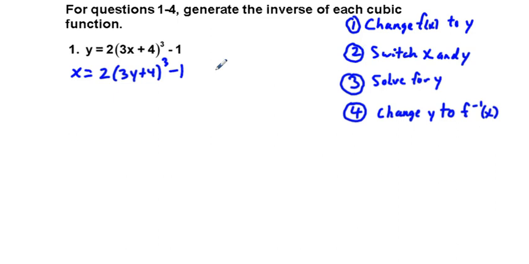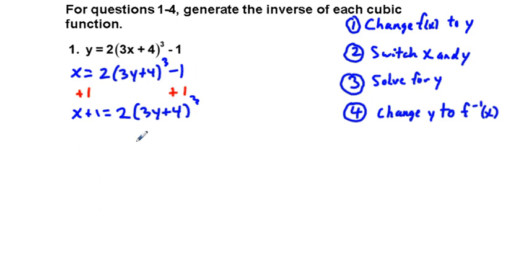Okay, that's step 2 already, we switched. And so I'm going to say, okay, plus 1 on both sides of this equation. So we have negative 1 plus 1, and we have x plus 1 on the left side is equal to 2 quantity 3y plus 4 cubed. That's it.